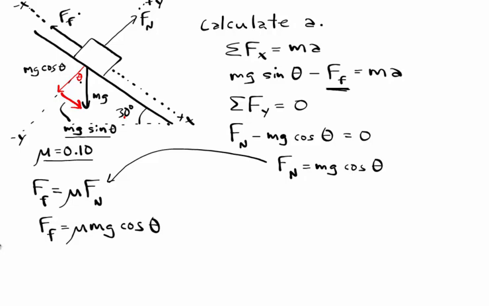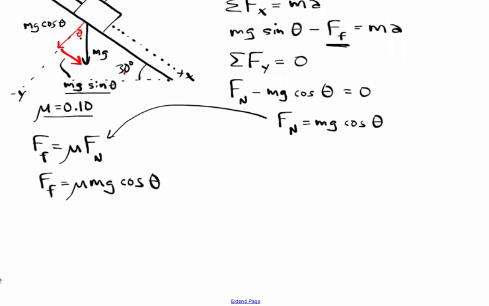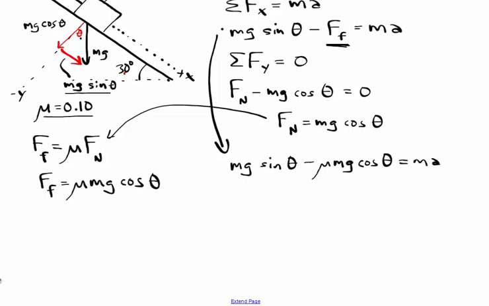And let's see what we get. I'm going to scroll down a bit. And this equation up here is now going to become mg sine theta minus the friction force, which we just said was mu mg cosine theta, equals ma.